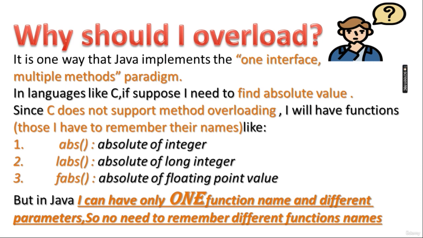So unlike other languages, we do not have to remember whatever we have written. These names are actually the same, only a slight difference is there because their core functionality is the same. But since C does not support method overloading, we had to create different method names, and those we had to remember. But in Java, we do not have to remember anything.